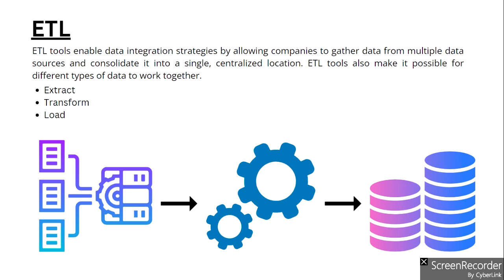So when we collect all the data and do some transformation on it, it is called the transform process, which is the second step of ETL.